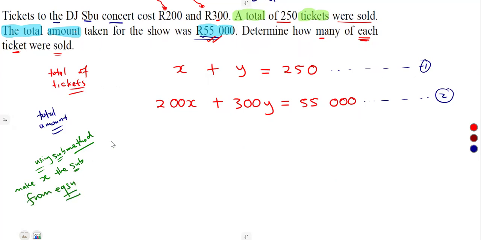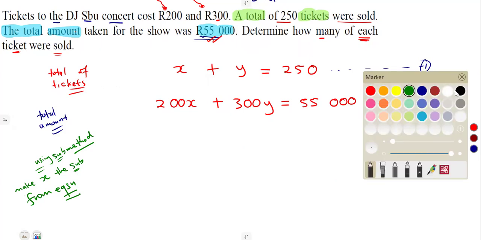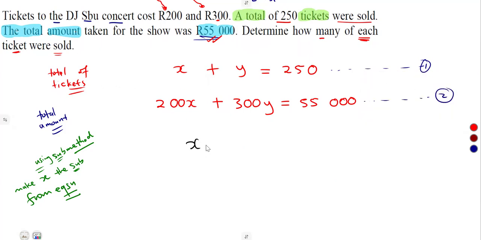This is for me. You choose what you want, guys. All right, so x is equal to 250. Take the y, there is going to be a negative, so that's minus y. So we have formed an equation which is going to be equation 3.